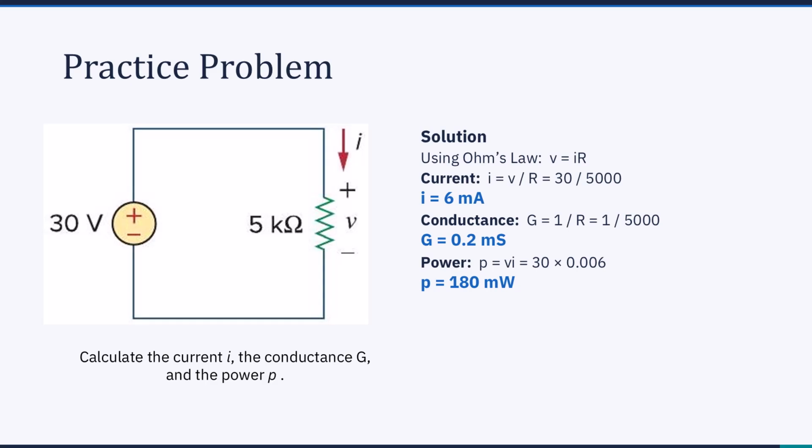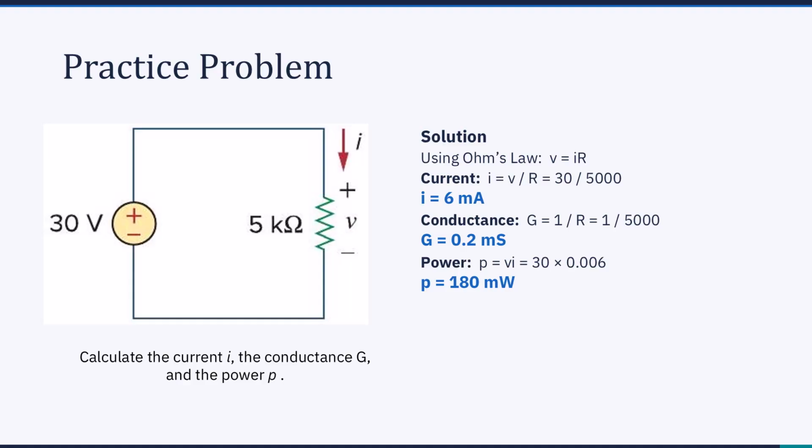First, the current. Using Ohm's law, I equals V divided by R. I equals 30 divided by 5,000. I equals 6 milliamperes. We write this as 6 mA. Next, the conductance. Conductance G equals 1 divided by R. G equals 1 divided by 5,000.